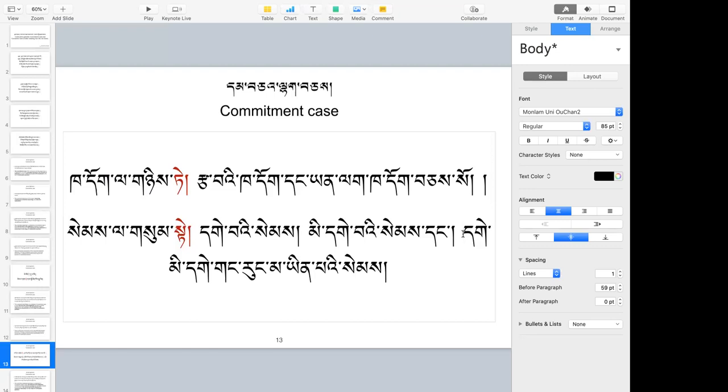So we see that there are three types of mind here as a very broad classification. And similarly, there are three types of action: actions which are virtuous, which are non-virtuous, which are neither virtuous nor non-virtuous.